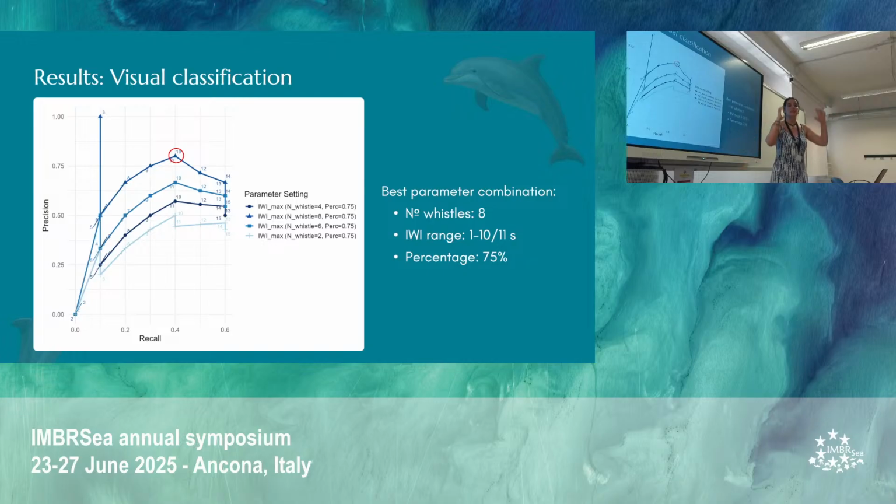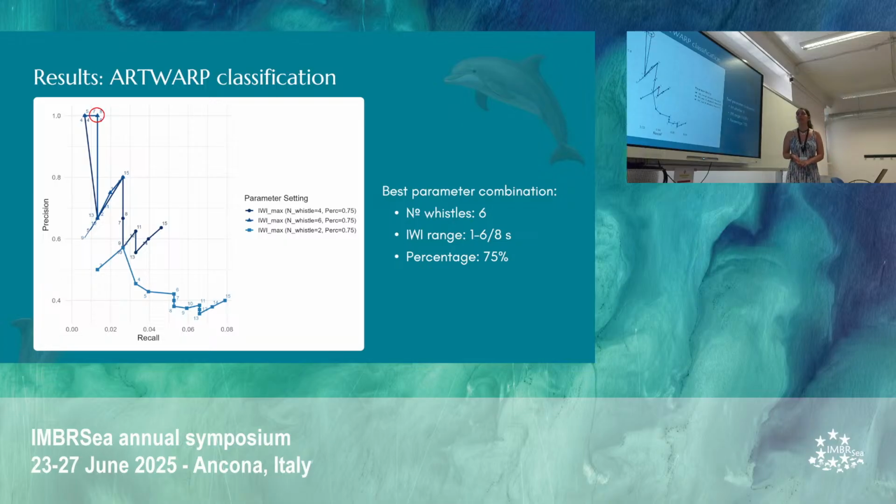We calculated different types of percentages, but these are the curves that gave better results, so that's why I'm showing only these ones. The best parameter combinations, as you can see, circled in red, were a minimum number of whistles of 8, an inter-whistle interval range between 1 and 10 to 11 seconds, and a percentage of 75% of the inter-whistle interval range.